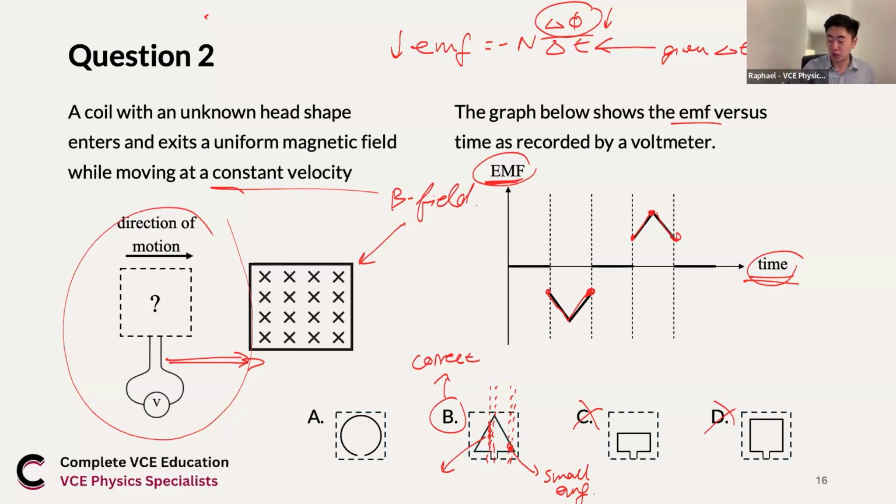In this case, a triangular shape would give you a triangular change in flux over change in time, and therefore EMF over time. Something like a semicircle would give you a semicircle shape, and so forth. You're looking at the cross-sectional slice area that your coil can cut field lines for. In this case, it goes up and then it comes back down. Okay, so B is the answer here.